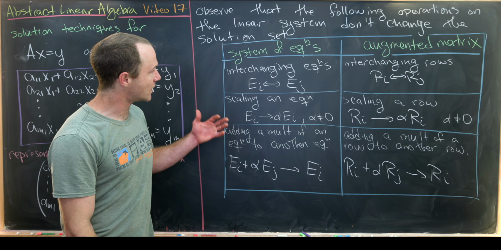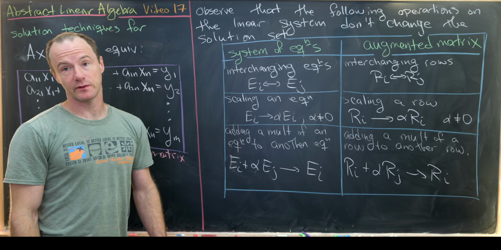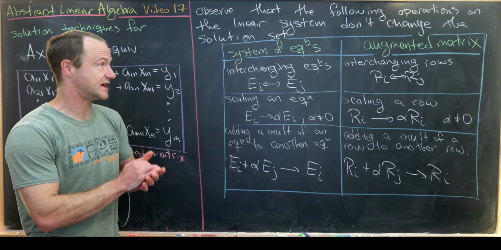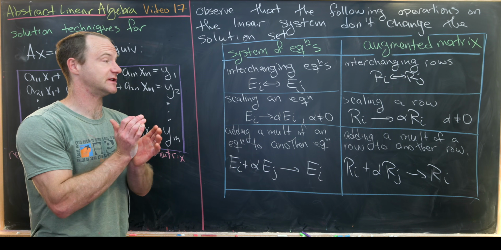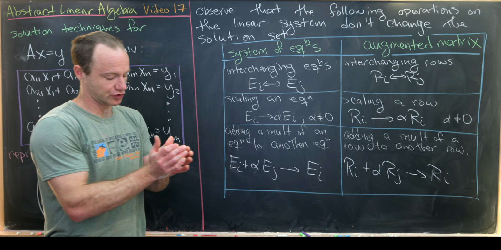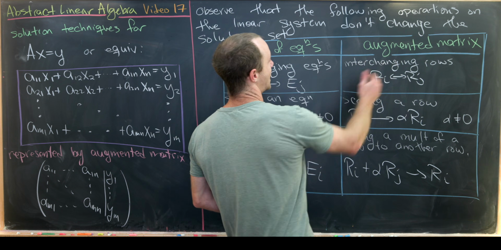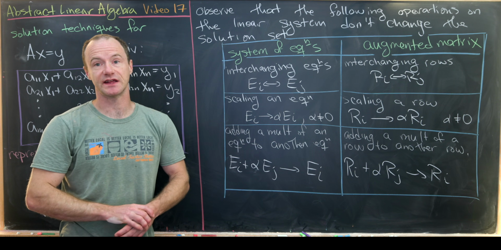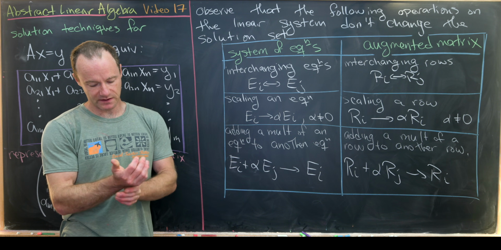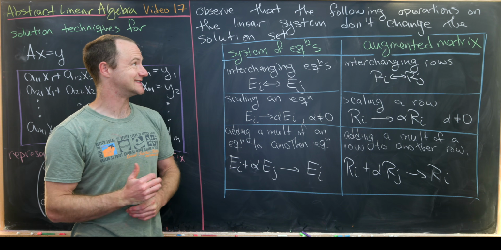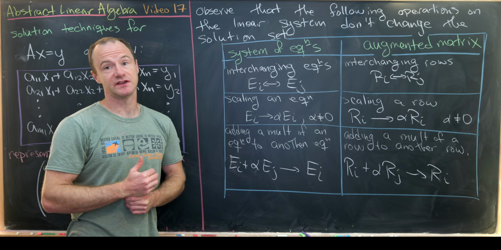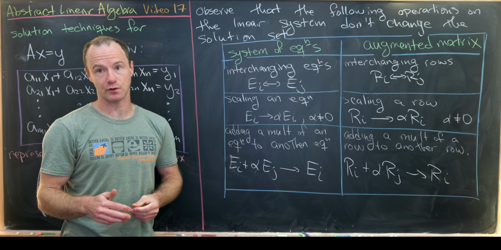Now, I'd like to point out that we have the following canonical operations that we could do to a system of equations, which are directly related to doing some operations on the associated augmented matrix. The important thing about these operations is they do not change the solution set to the system of equations.